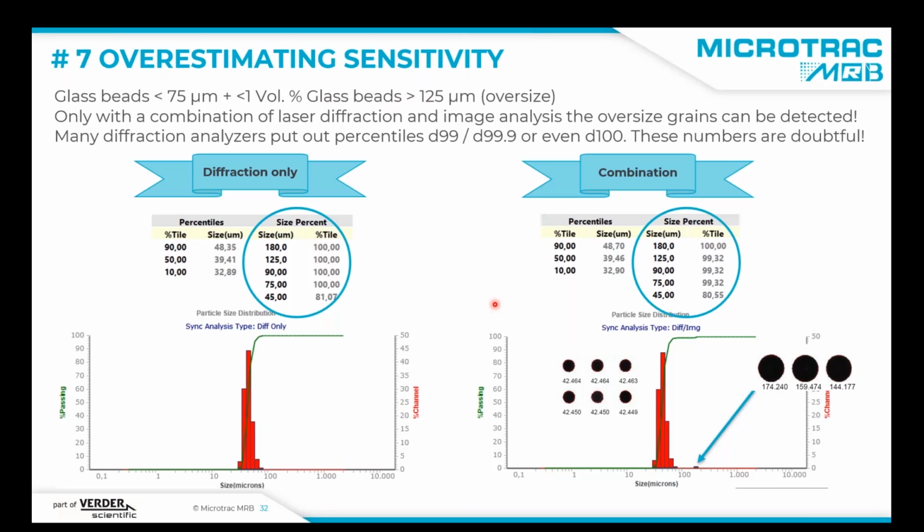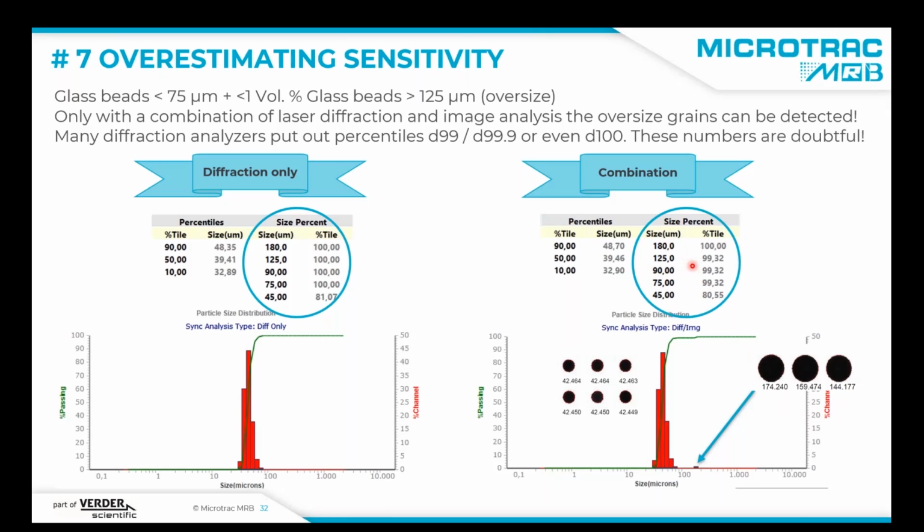Now, the SYNC analyzer has a special feature. It has a built-in camera, so you can do both. You can do image analysis and laser diffraction, and you can blend the image analysis result into the diffraction result and make a kind of combined analysis. And when you do that here, you not only get images of particles, these are the small glass beads and these are the large glass beads, you also get a much higher sensitivity for the oversize.